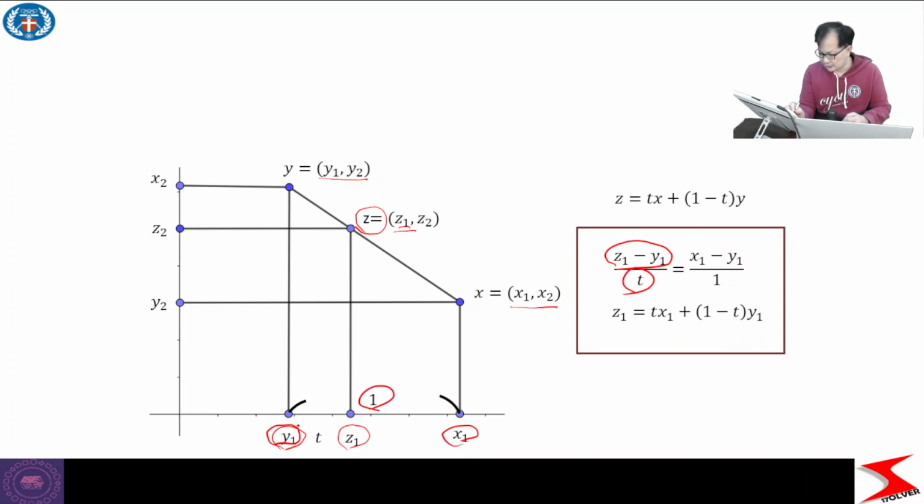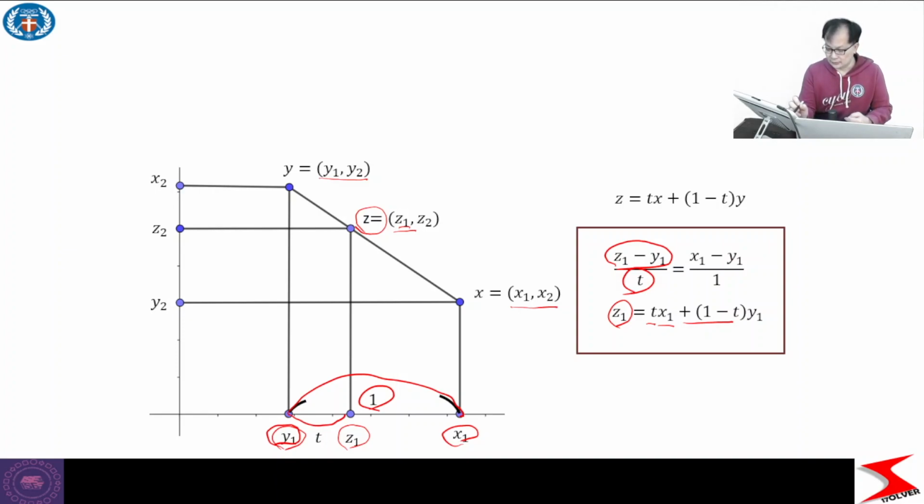From this proportion we get z1 equals t times x1 plus (1 minus t) times y1.